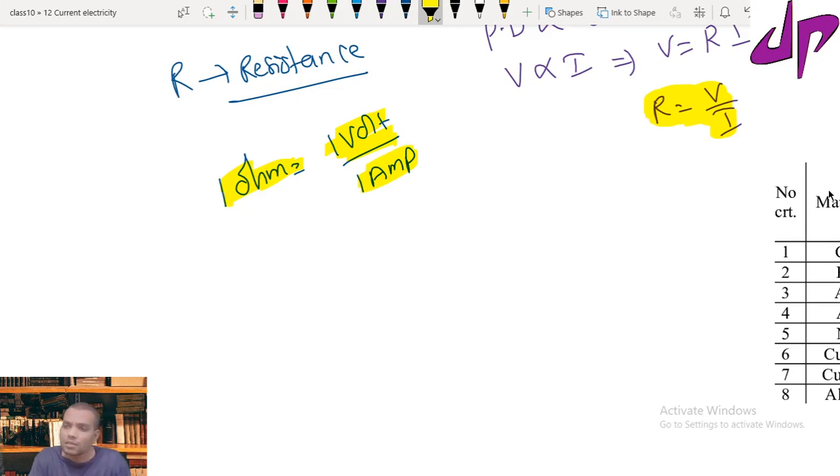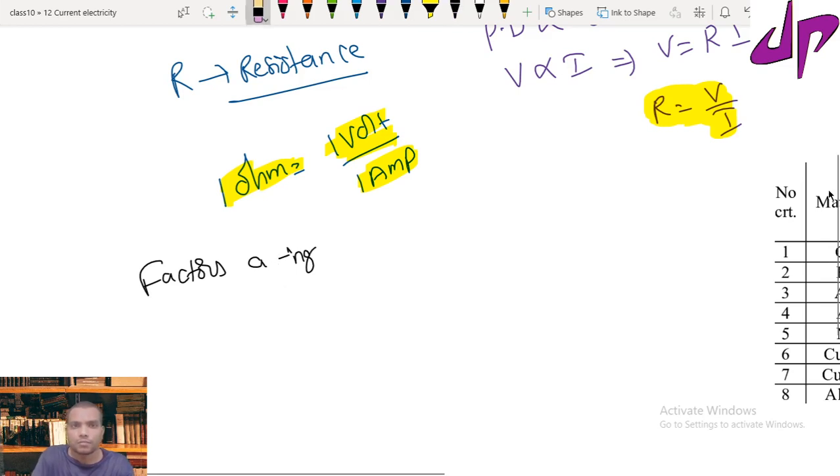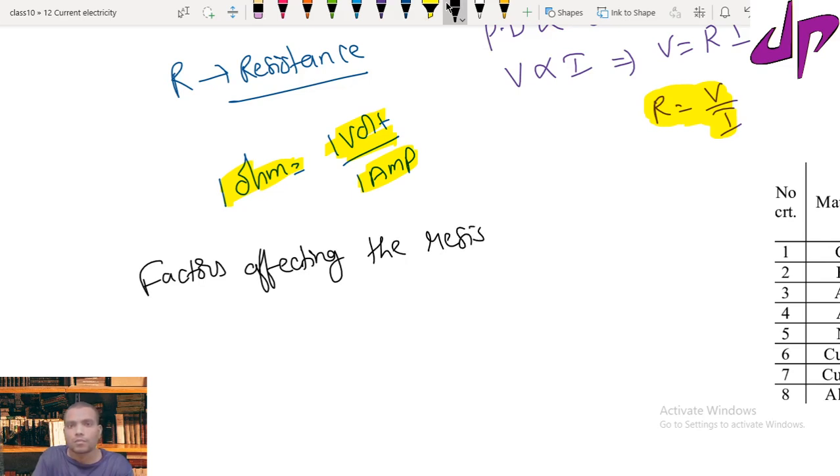Now, the factors affecting the resistance. From experimental verification, we come to know that the resistance is directly proportional to the length of the conductor and inversely proportional to the area of the conductor.